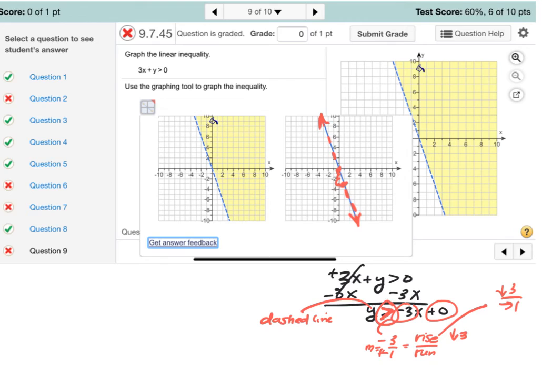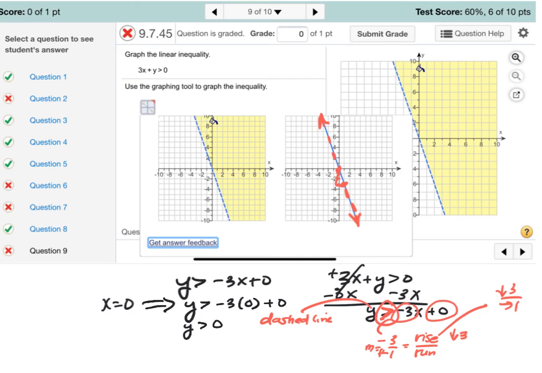Okay, and then we need to determine how to shade. If I have the inequality y is greater than -3x plus 0, and say I let x be equal to 0, I'll get y is greater than -3 times 0 plus 0, and so we get y greater than a y-intercept of 0.